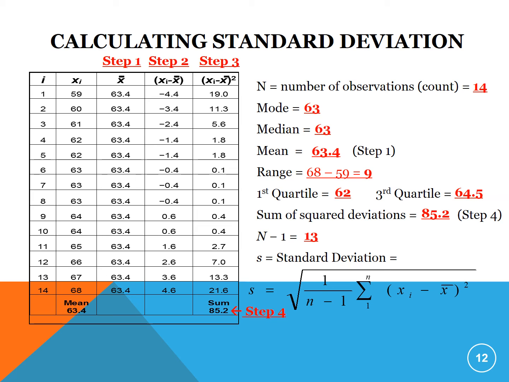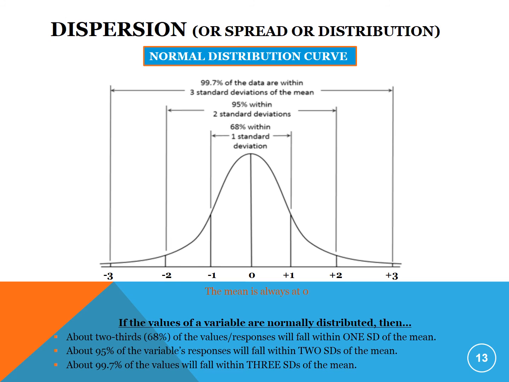We divide it by n minus 1, which is 13, and we should get a number that I skipped there and moved straight to the standard deviation. The number should be 2.6.